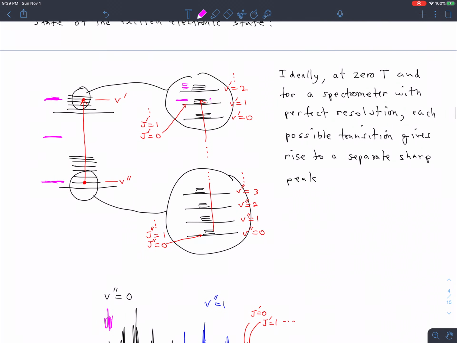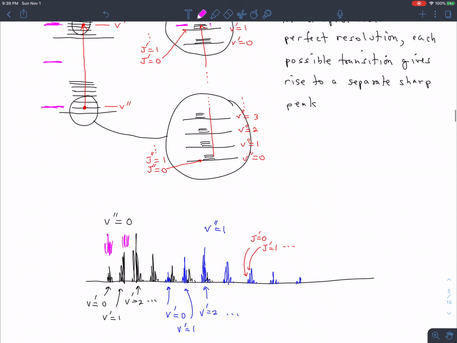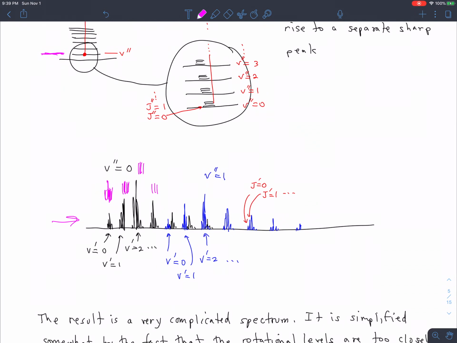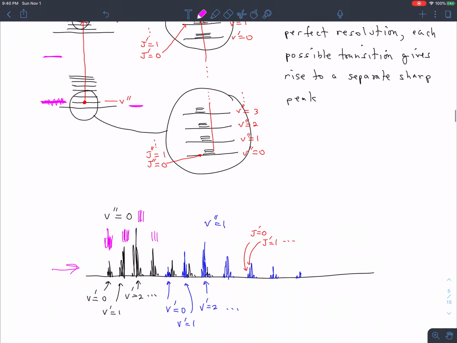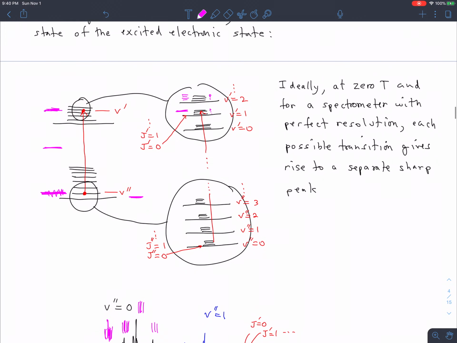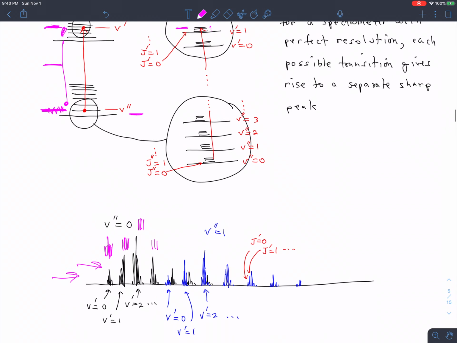But then when you jump and start looking at the transitions up to this level, we'll get another cluster of peaks, but at a higher energy, and likewise for the next cluster of peaks and so on. And so you'll get a spectrum that looks something like this for all the transitions that started from the same vibrational state in the ground state manifold. In other words, everything that started here corresponds to all these black peaks. But now suppose you start from here, from the next level up, and you go to all the possible transitions up here on the excited state manifold.